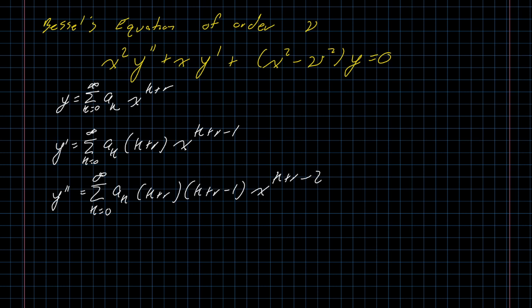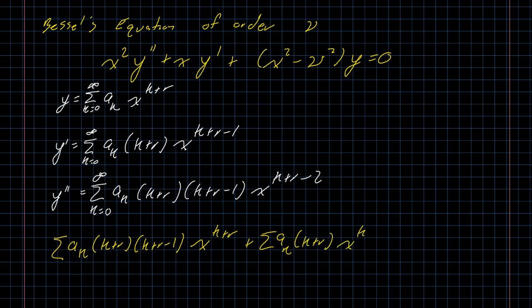And we very conveniently have the sum ak times k plus r times k plus r minus 1 times x to the k plus r, plus the sum ak times k plus r times x to the k plus r, plus x squared minus nu squared times the sum ak x to the k plus r.